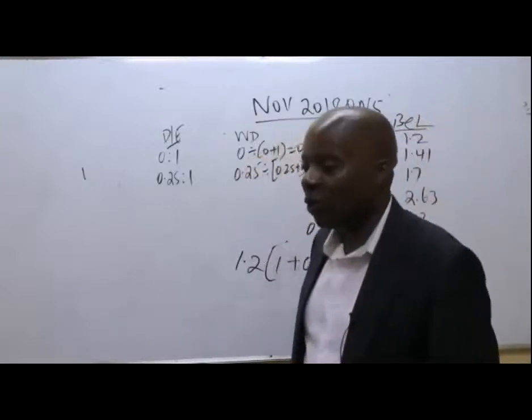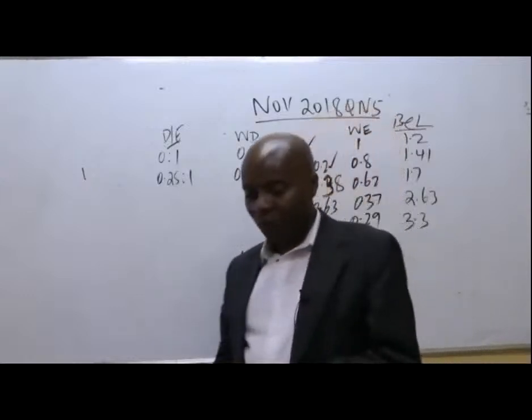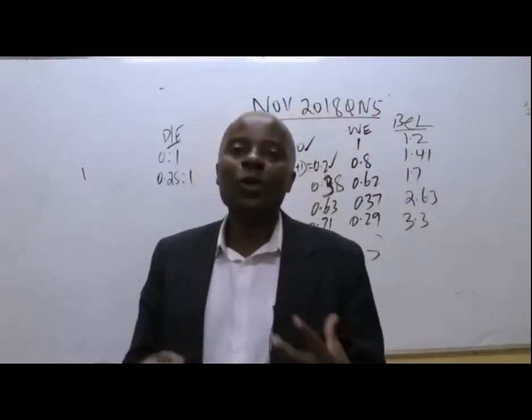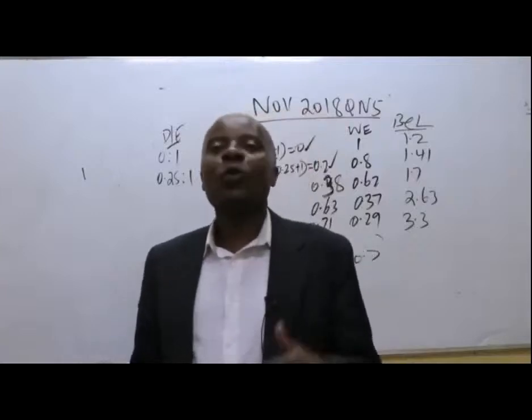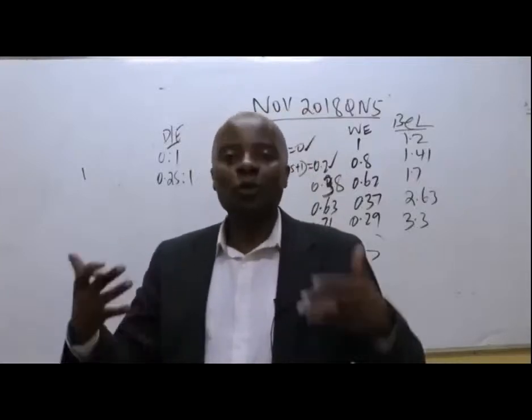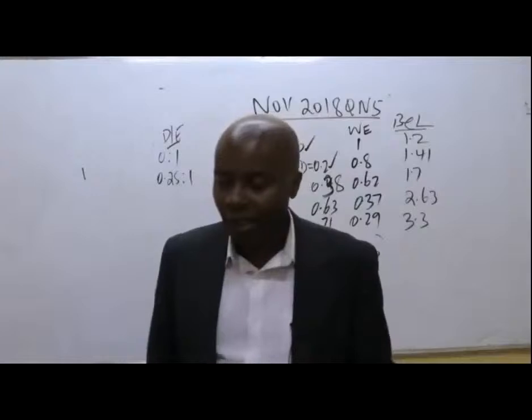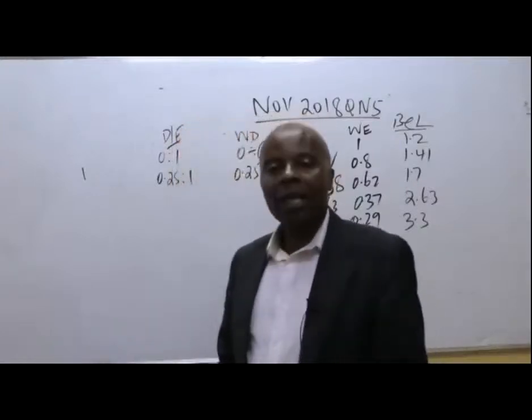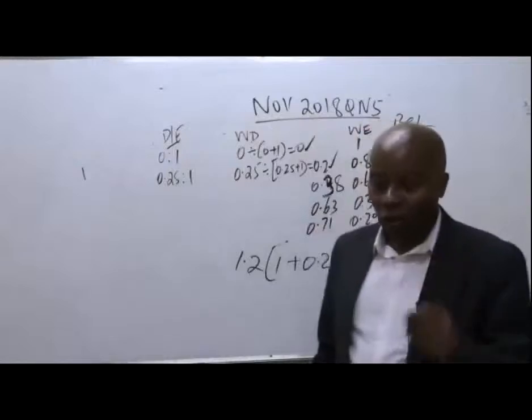Now, ladies and gentlemen, once I get these figures, I know what I should be doing next. This beta equity of a levered firm will give birth to the cost of equity using the CAPM. Once I get beta equity, the next thing is to ascertain the cost of equity.